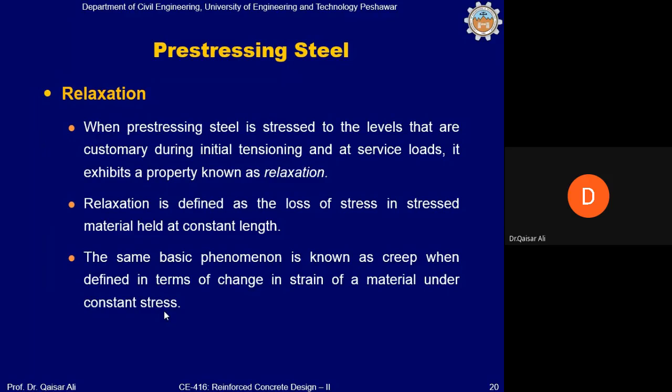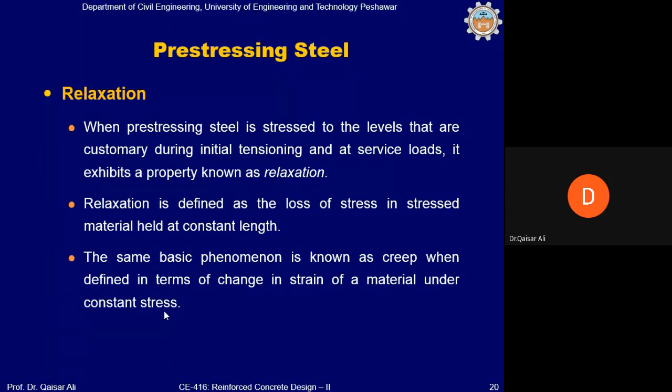Elastic shortening if the force applied is compressive. If the force is tensile, then it will produce elongation, and this elongation will keep on increasing with the increase in tensile stress. However, if the tensile load is kept constant, then due to creep, there will be an increase in length of the concrete member at constant tension.